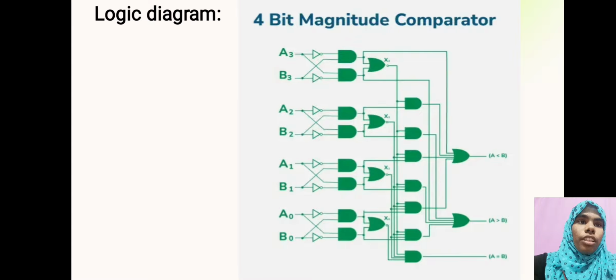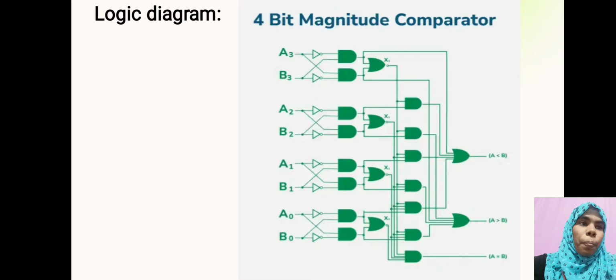A3 has 2 lines: A3, A3 bar, B3, B3 bar, A2, A2 bar, B2, B2 bar, A1, A1 bar, B1, B1 bar, A0 bar, B0 bar. There we perform all the AND operations, and that goes to the OR operation, exclusive NOR operation, and AND operation.